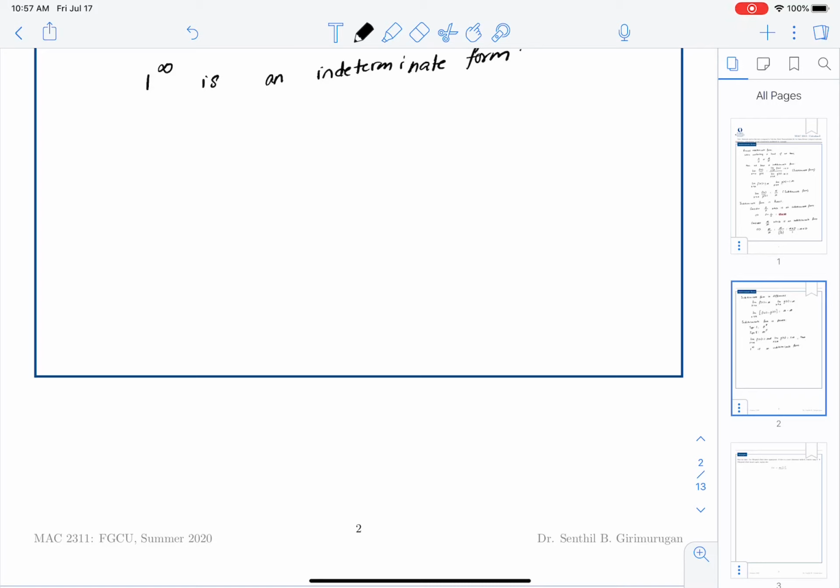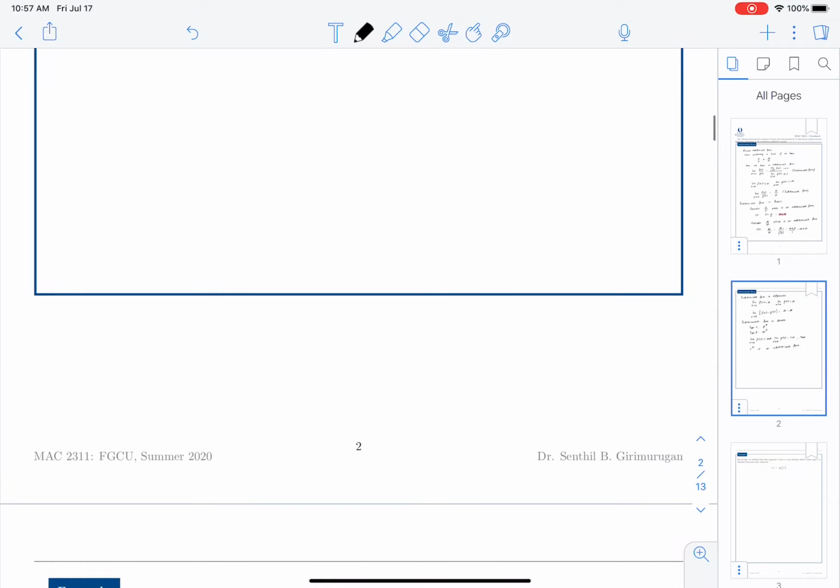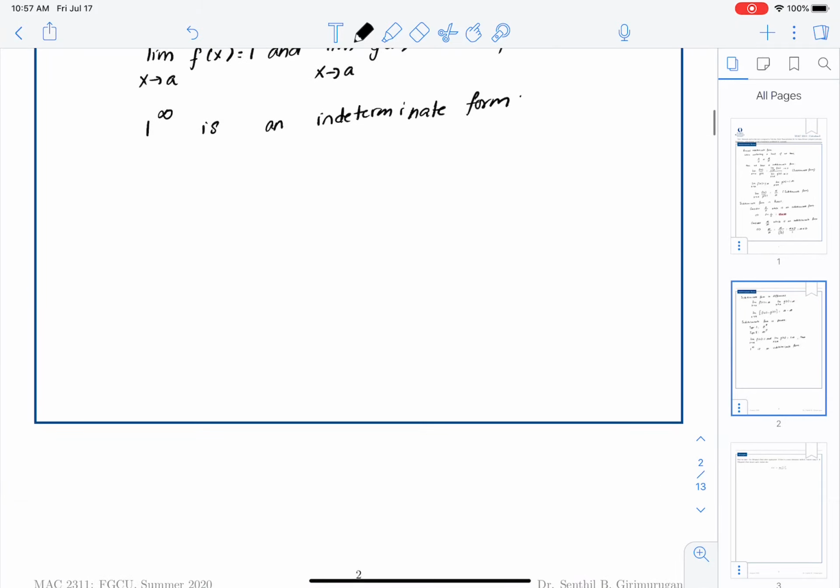And that goes back to what we call L'Hopital's rule. So, L'Hopital's rule simply concludes this.